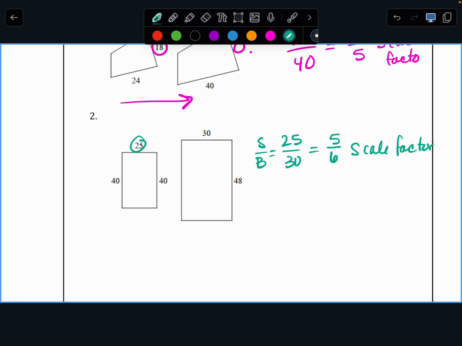When you do the second one, it's the same process. So 25 small over big, 25 over 30, that's 5/6 is my scale factor.